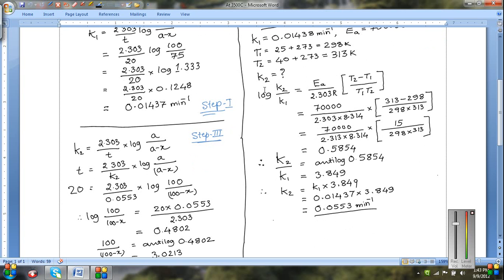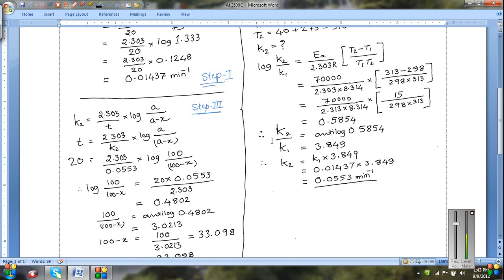Log K2 by K1 is 0.5854. Therefore, K2 by K1 is antilog of 0.5854. The antilog of this is 3.849. Therefore, K2 equals K1 into 3.849.